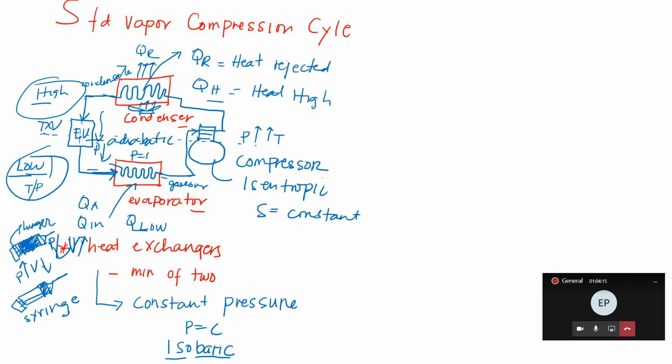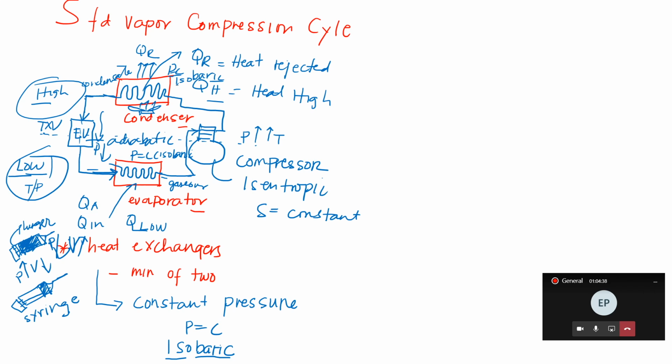Yeah, pressure is constant, meaning isobaric. So pressure is constant in every heat exchanger. Iso means equal, bar is pressure, and ic is just the suffix for that adjective.